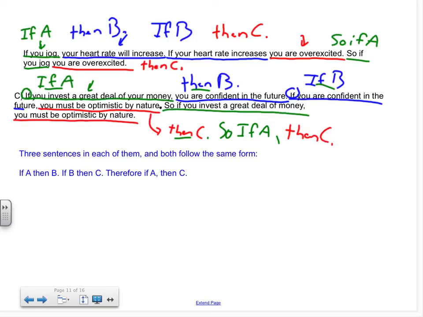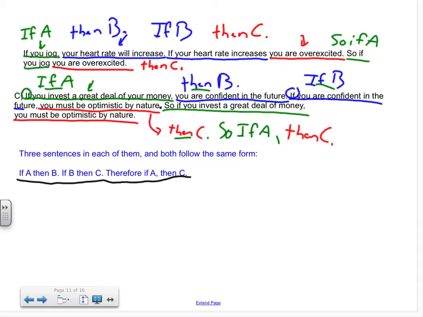So, when you look at the structure of the argument, both of the arguments read as follows. If A, then B. If B, then C. Therefore, if A, then C. So in other words, the content in both of the passages is very different. One's talking about jogging and heart rates, and the second one's talking about investing money and confidence in the future.